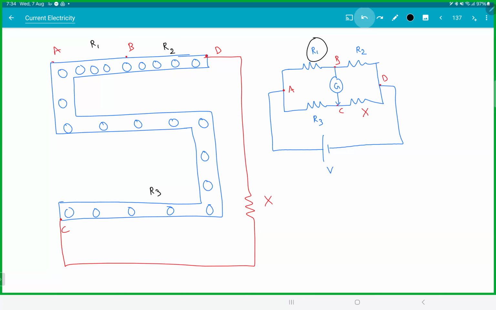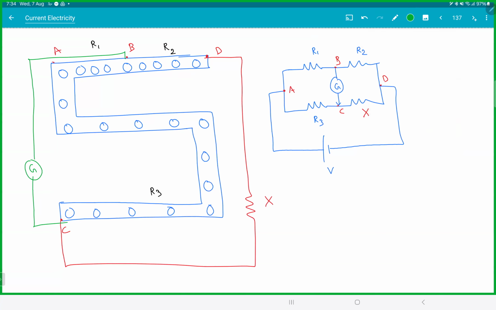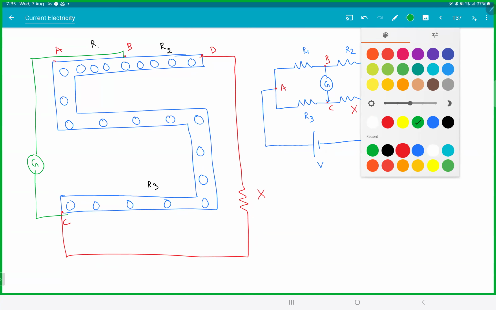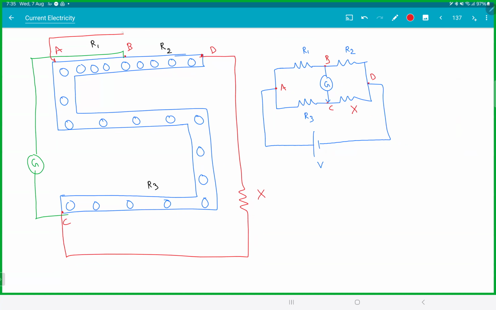Is that clear, everyone? And where do you keep the galvanometer? Between B and C. So I will keep the galvanometer between B and C. And where is the battery? Between A and D. There.